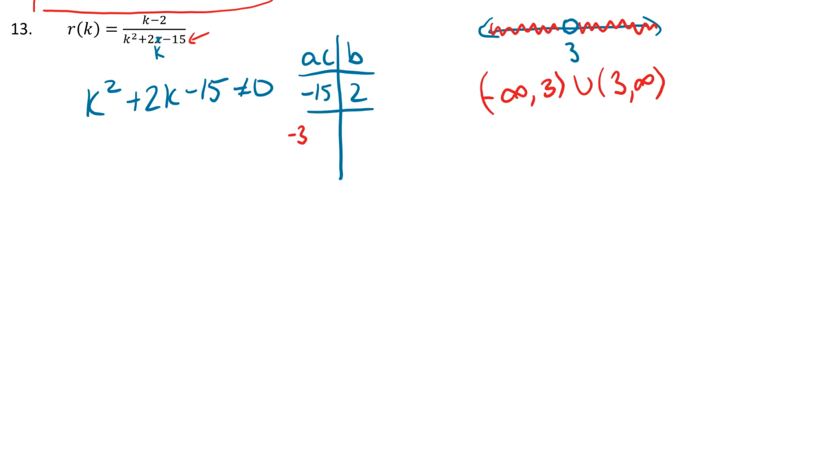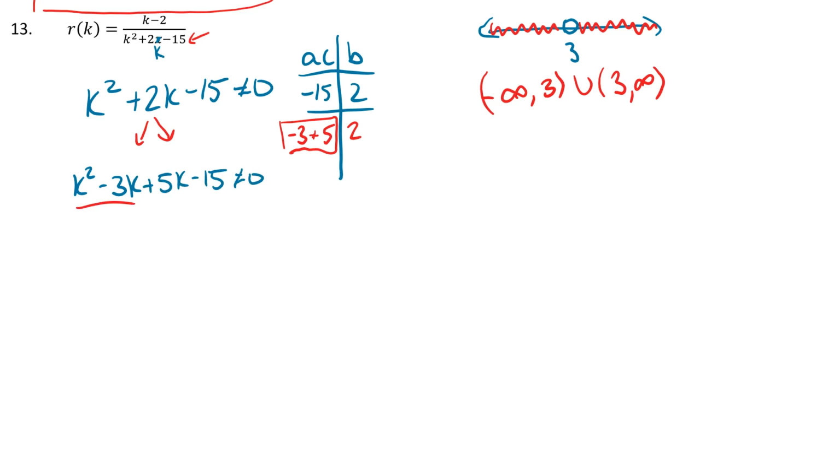So if we had negative 3 and positive 5, that would add up to 2 and multiply to negative 15. So that's what we're going to split B into. So we got k squared minus 3k plus 5k minus 15 does not equal 0.